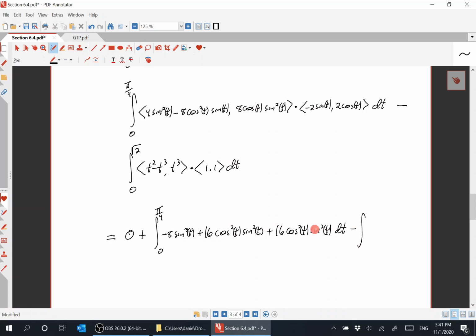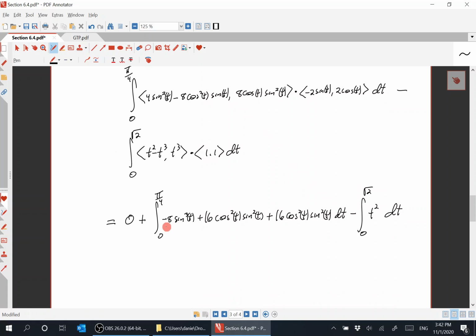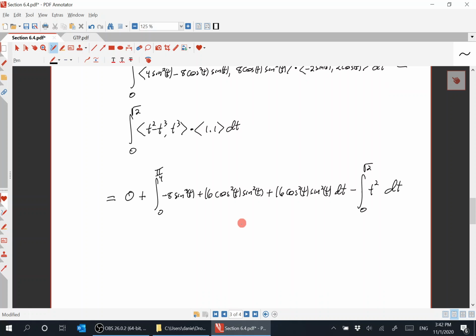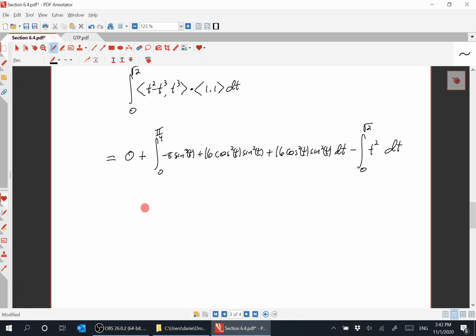Minus this one, so that's t squared minus t to the third plus t to the third. So that just becomes t squared from 0 to square root 2. So that's plus 16 cosine squared sine squared plus 16 cosine squared sine squared minus 8 sine to the third t.